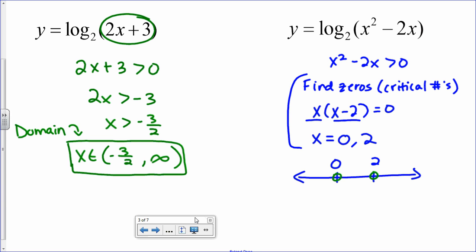So it's just a test. It's a true-false test. You're just going to pick numbers in each of these intervals and see if it satisfies the inequality, if it's true or false. Okay, so find numbers to plug in your inequality.